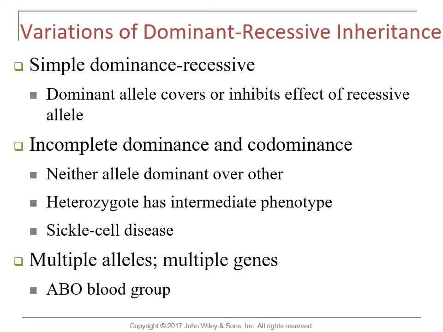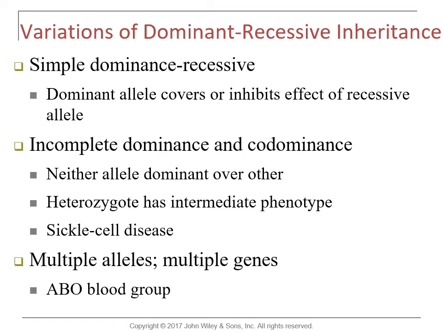The phenotypic expression of a particular gene may be influenced not only by which alleles are present, but also by other genes and by the environment. Most inherited traits are influenced by more than one gene, and to complicate matters, most genes can influence more than one trait. Variations on dominant recessive inheritance include incomplete dominance and multiple allele inheritance.